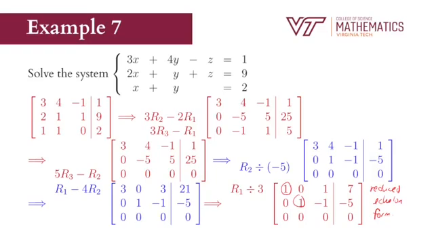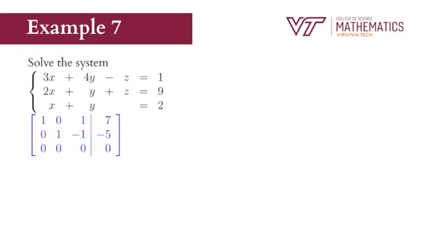On the next slide, I'm going to put this reduced echelon form by itself. I'm going to get rid of all this other scratch work. This is our reduced echelon form.